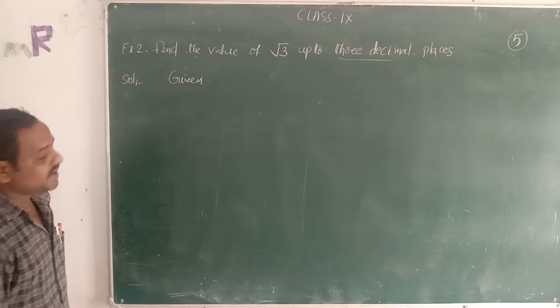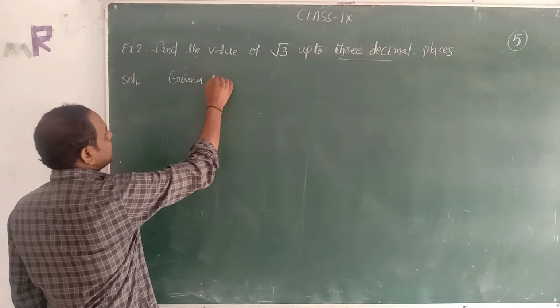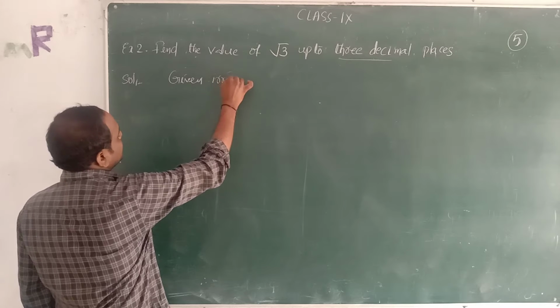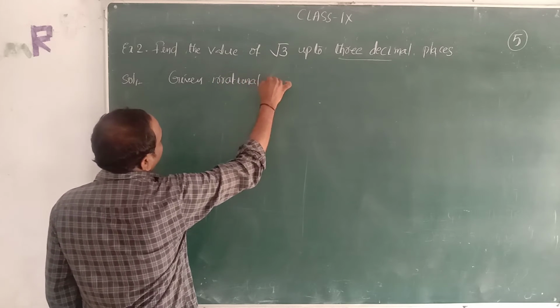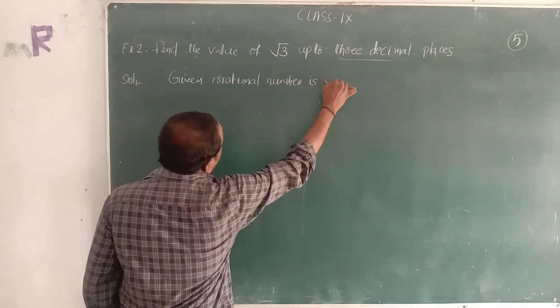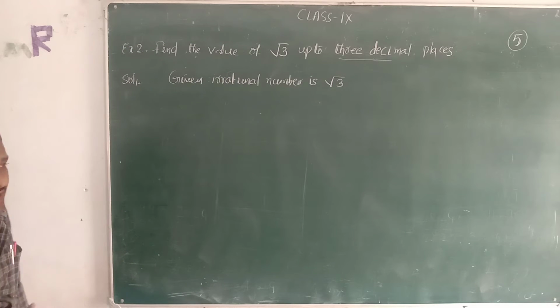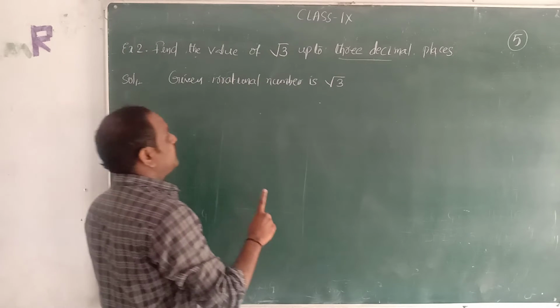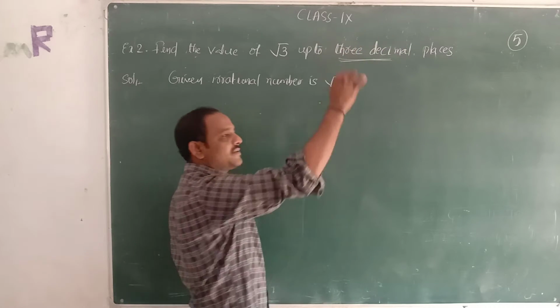So first, the given irrational number is root 3, and we need to find out the value of root 3 up to 3 decimal places.